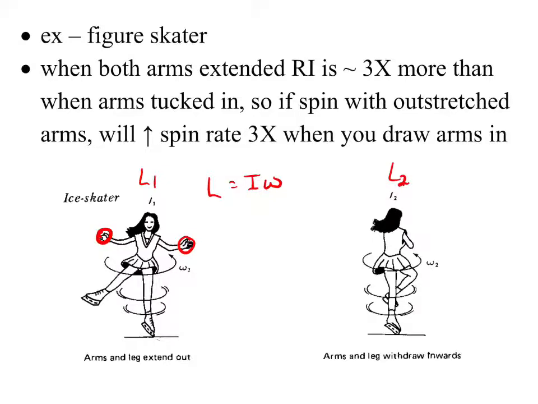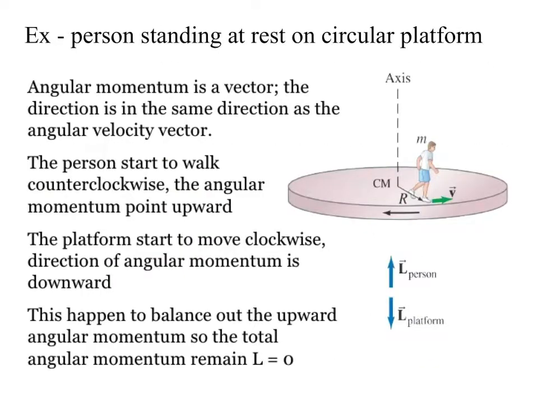Those should both be equal. So that's a good example of conservation of angular momentum, because again, there's no external torque. It's just the ice skater rotating on the ice, applying the same torque, and all they're doing is changing their radius, which changes the rotational inertia, which therefore changes their angular velocity.